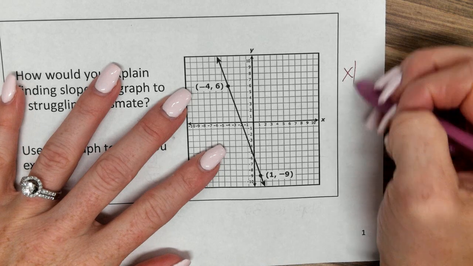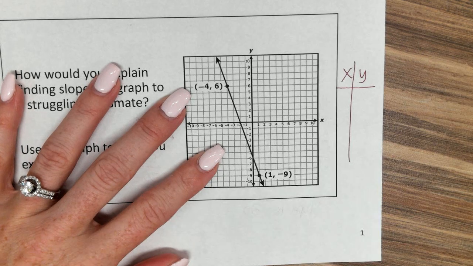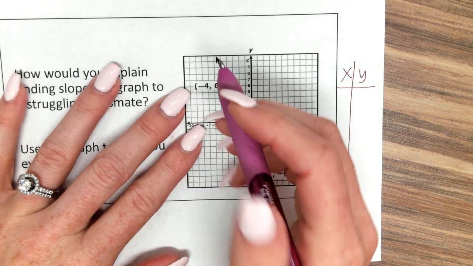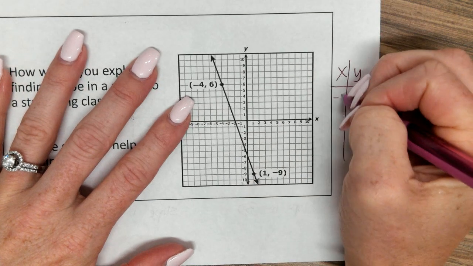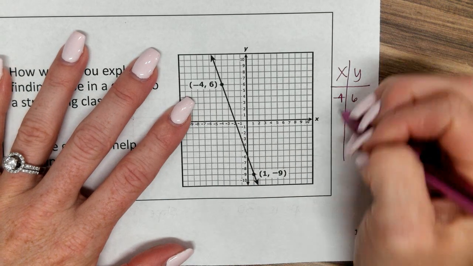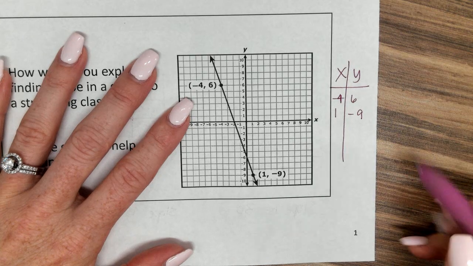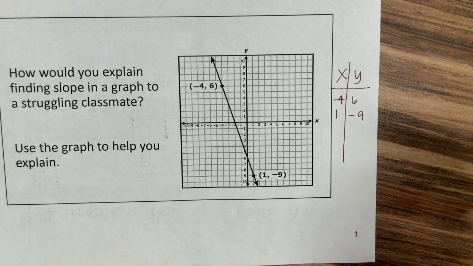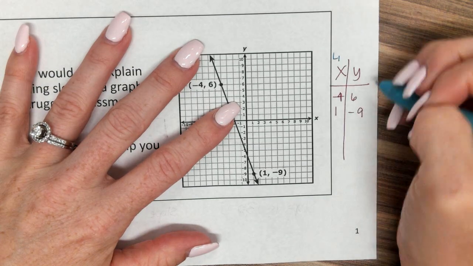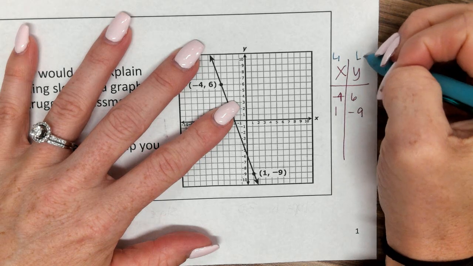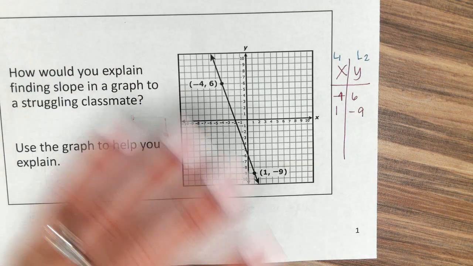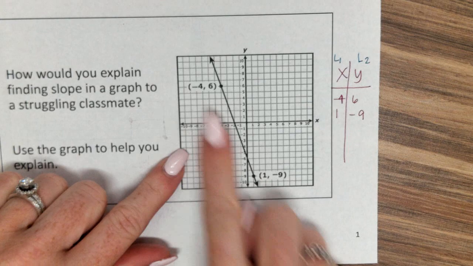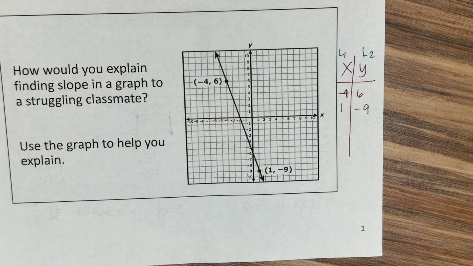So I would write down -4, 6, and 1, -9. The x's get put in L1, the y's get put in L2. And that's why I tell you to make a table, because these coordinates will confuse you.